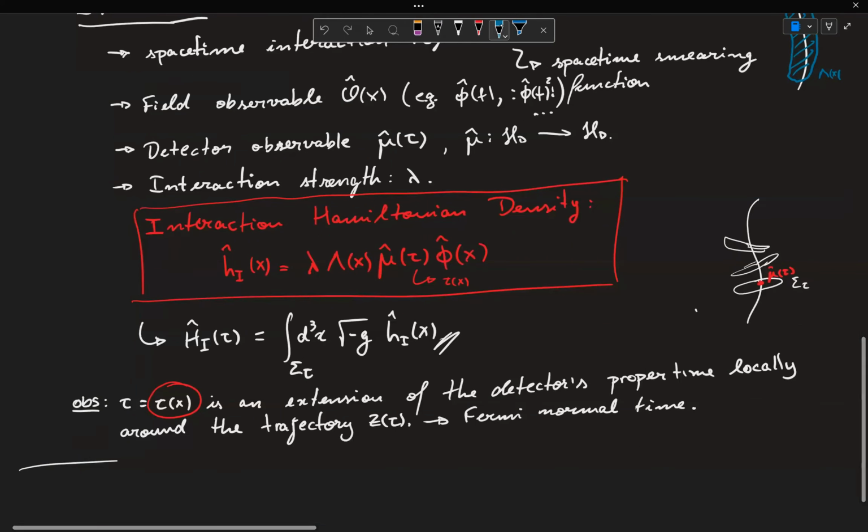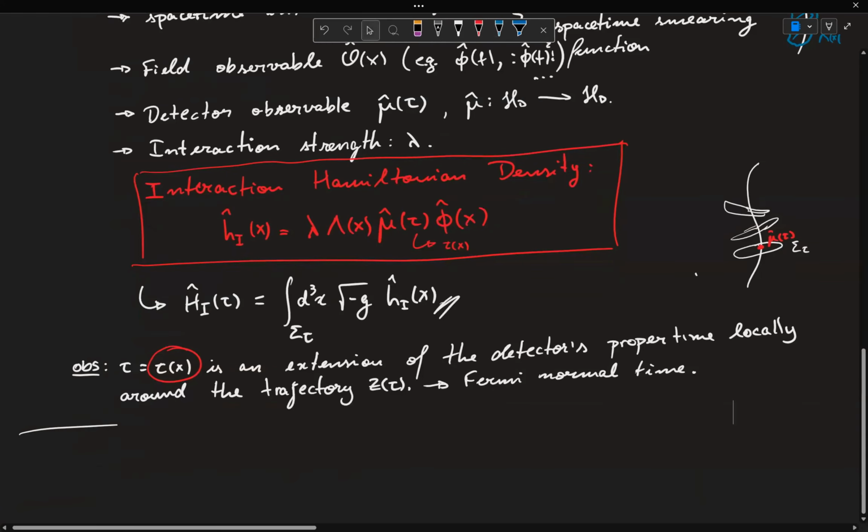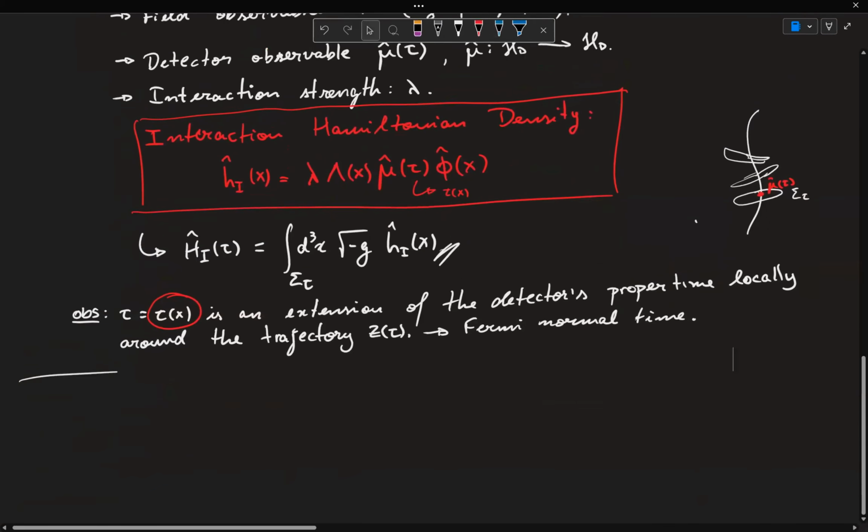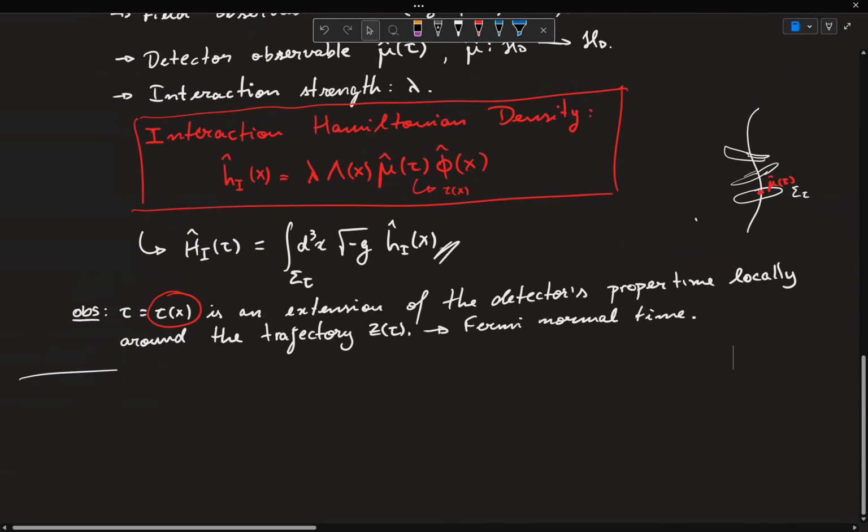But if, after you do the calculations, it turns out to be completely independent of this very specific prescription for the extension, then I think it's okay; otherwise it's not really localized, right?